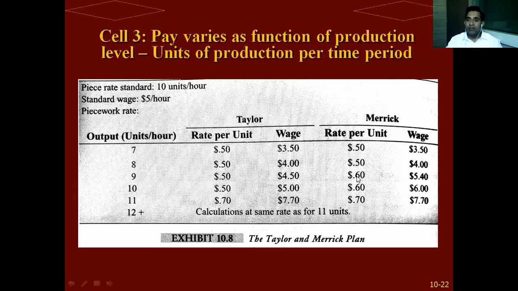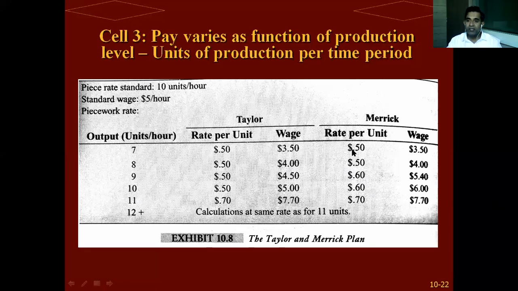Then those employees who produce 9 or 10 units per hour are given a moderate rate, that is $0.6 per unit. That applies to the third employee, as well as the fourth employee who has produced 10 units per hour. So this is the second piece rate.